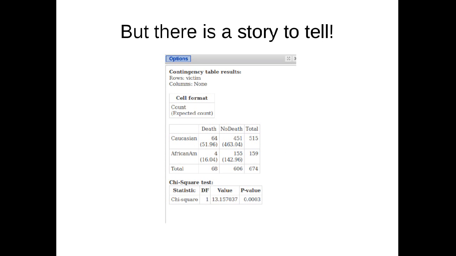But there is still a story to tell. What is significant is if you split this: if there's a Caucasian victim, then the death penalty is more likely.